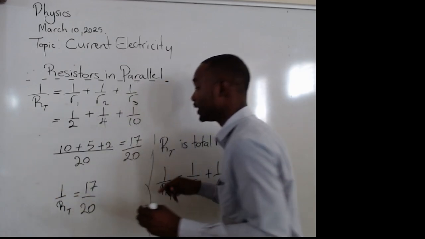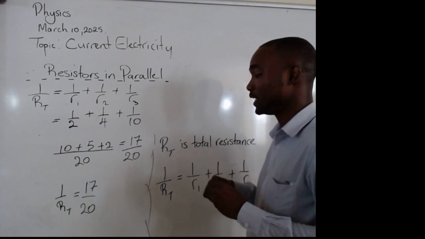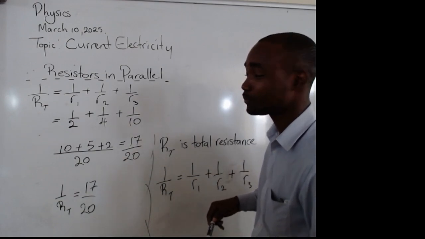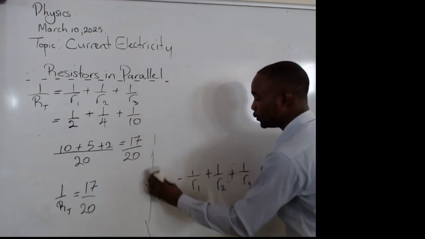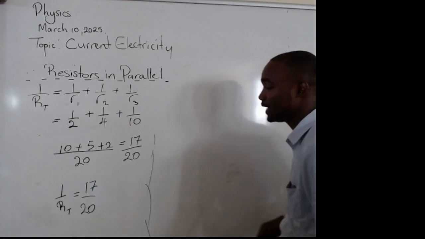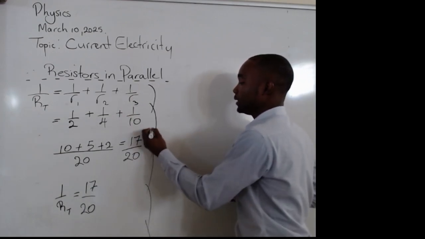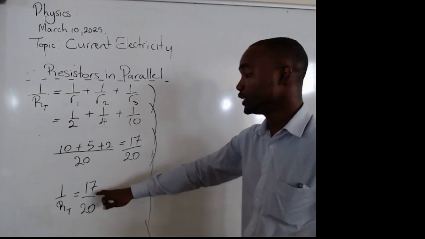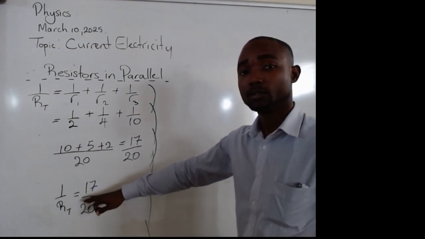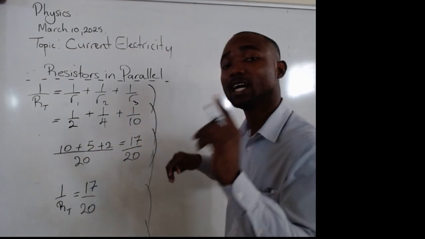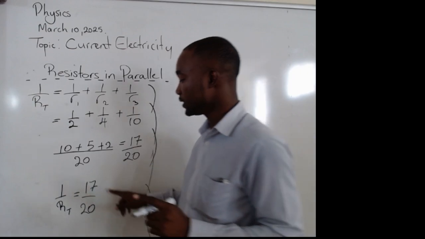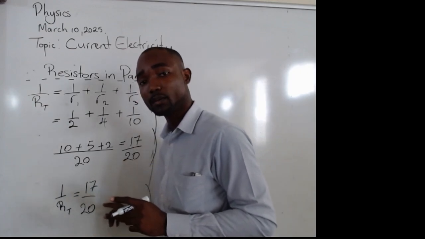And this is where a lot of persons sometimes go wrong or they lose marks because they leave it right there. What I would suggest you do when you reach right here, you immediately try to find what RT is. So 1 over RT is 17 over 20.